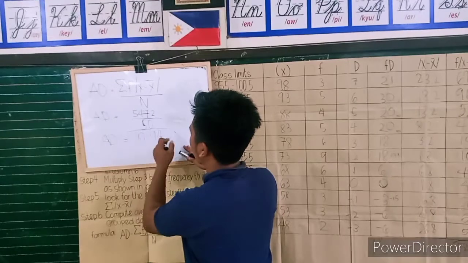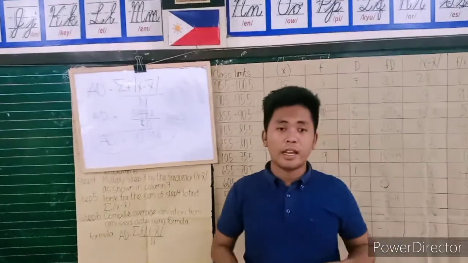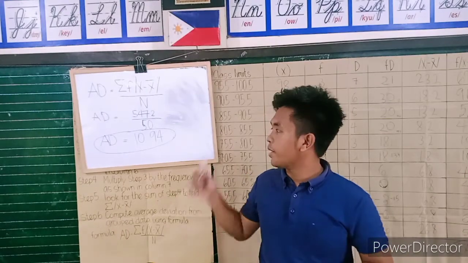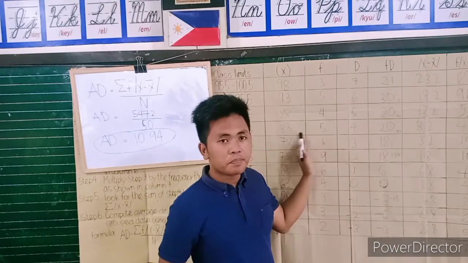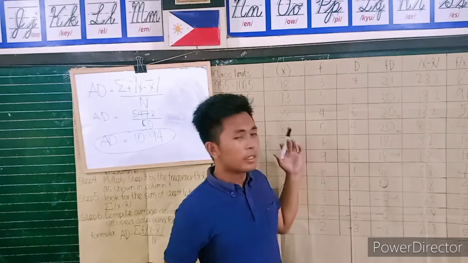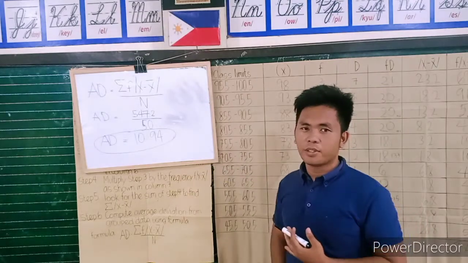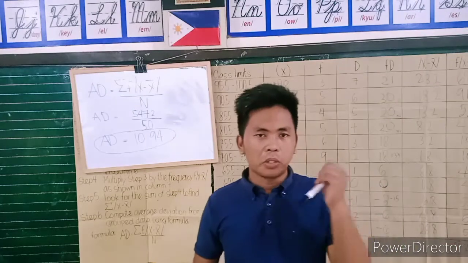This is the average deviation of group data from the 50 respondents or 50 students that took that examination. So that is how we get the average deviation from group data.